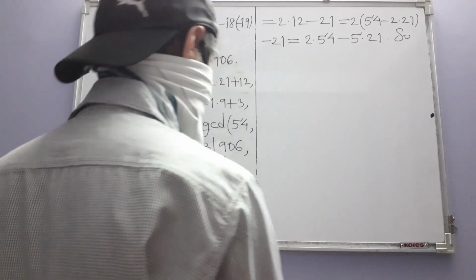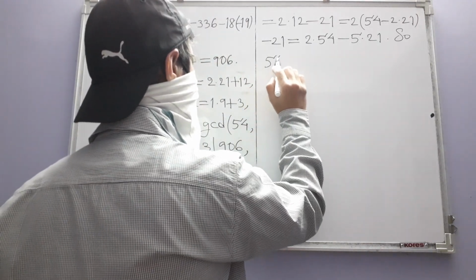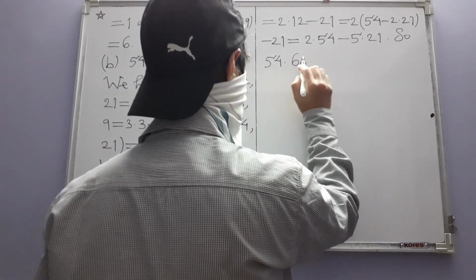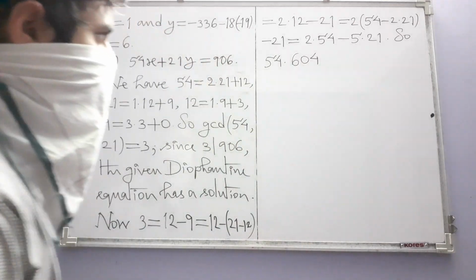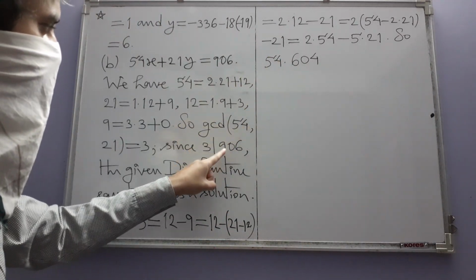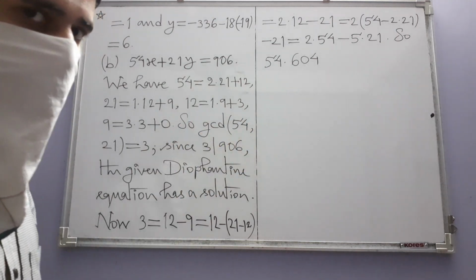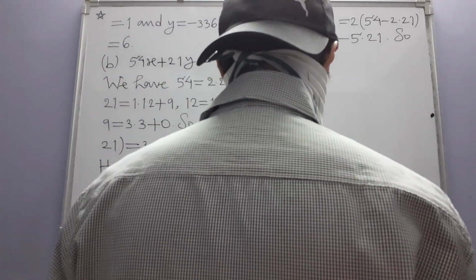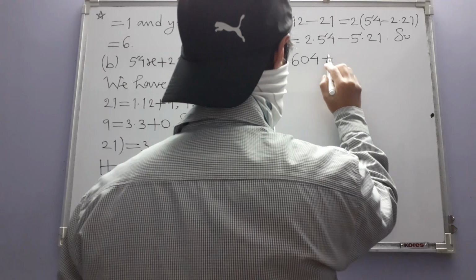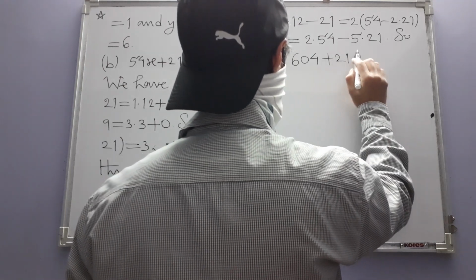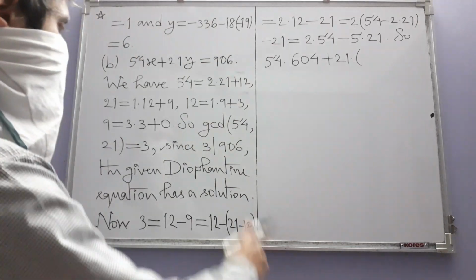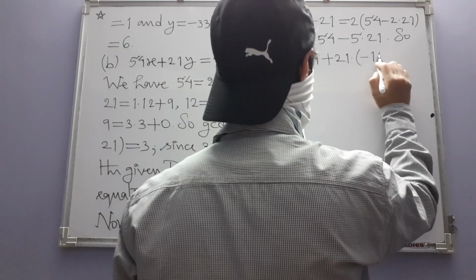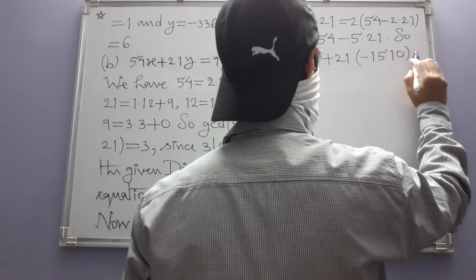Let me write the final thing. 54 times 604, that means 504 times 302, this is what you get, plus 21 times minus 5 times 302, which is minus 1510.